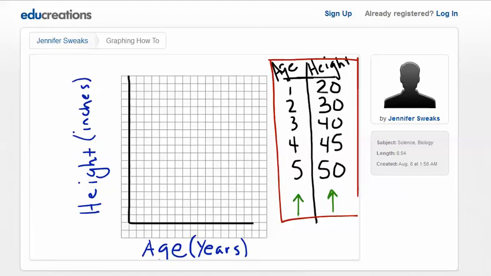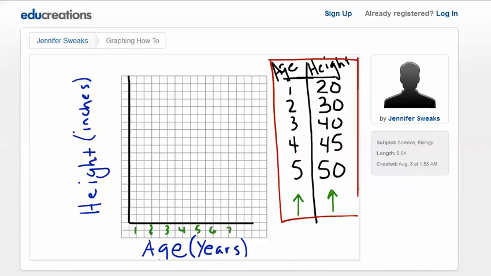And then you have to label the bars that are in the graph. And usually you just look at your data and see what would work most easily for your graph. So let's say we've got 1 year, age 2 here, age 3 here, age 4, and age 5. You can keep going.